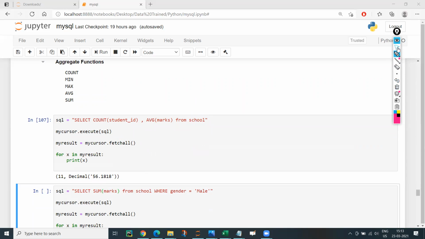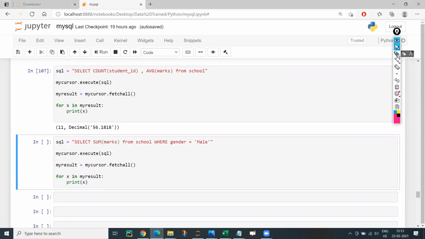And the next one, let's see, we have a SQL select. Here I am looking for total marks, so I'm going to use sum of marks from school.